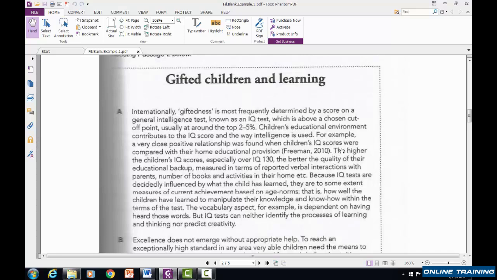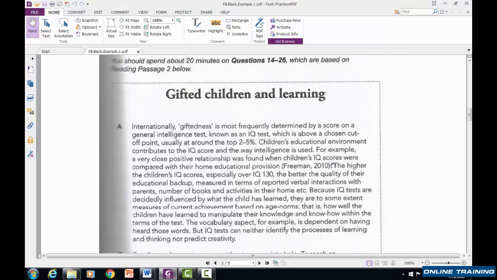This sentence right here would be our keyword sentence, because this sentence is dealing with children's IQ scores. Here we have our keywords right together, children's IQ. And this is exactly how it appears in the question, with children's IQ. So this is our keyword sentence.